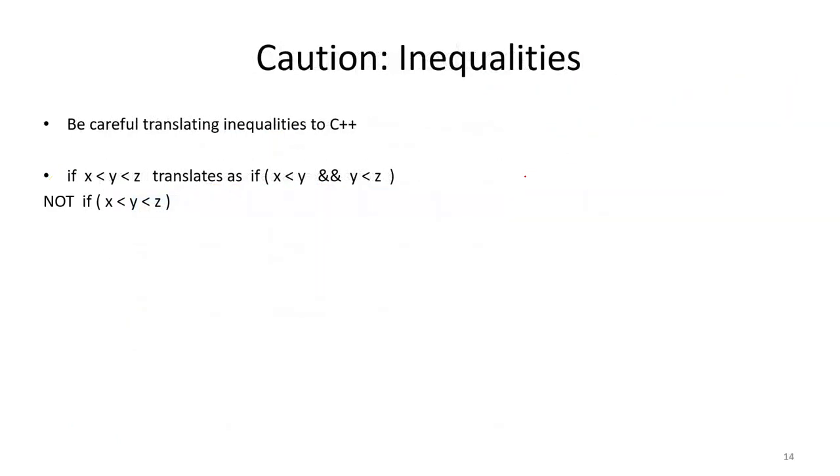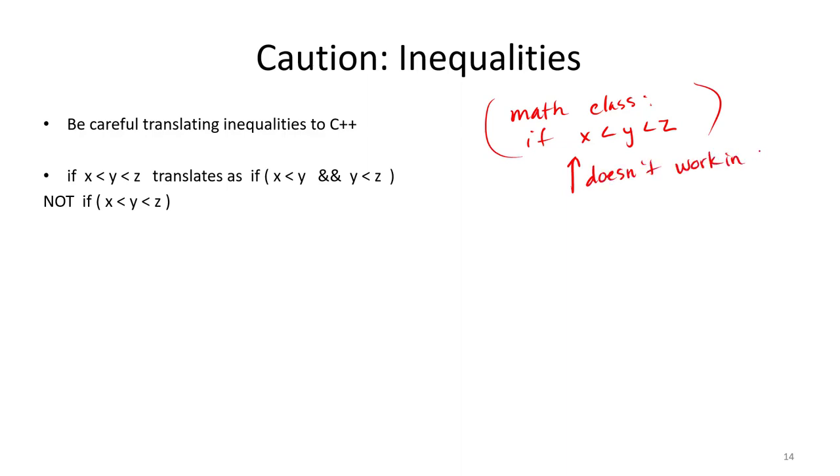One other thing to watch out for. Remember in math class, we can do things like if x is less than y is less than z. This doesn't work in C++. In C++, we have to put each expression in pairs.